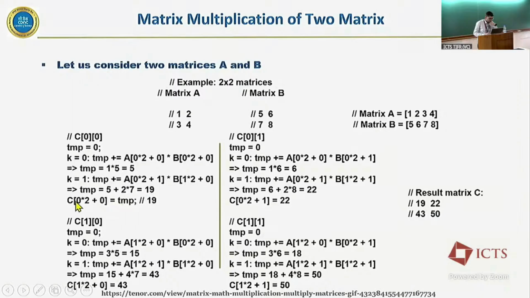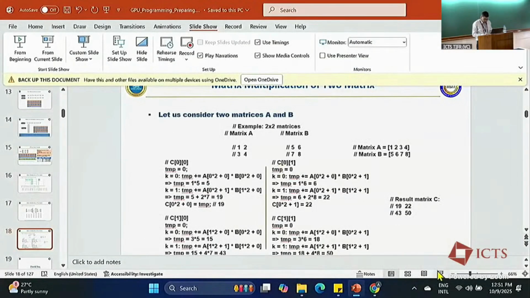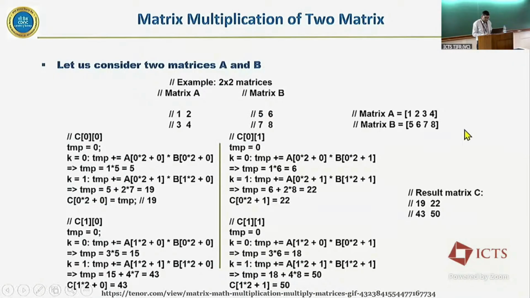So here C00 is computed as 19. For the second one, C01, the same logic is applied. We don't have that much time to explain it in depth, so just go through it and add the results, and you will get this matrix, right?